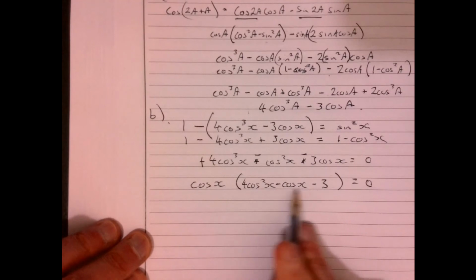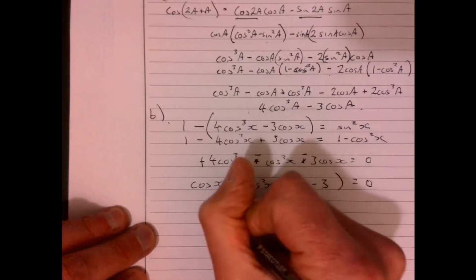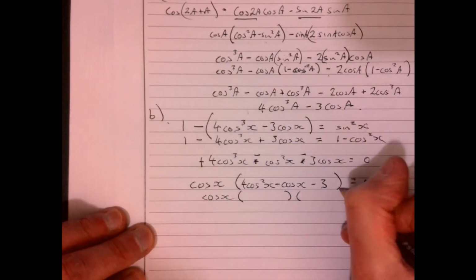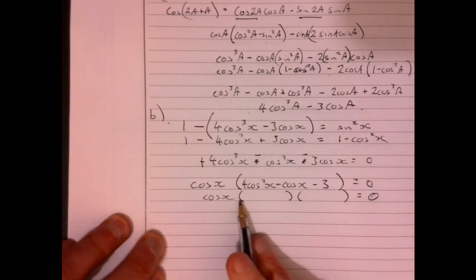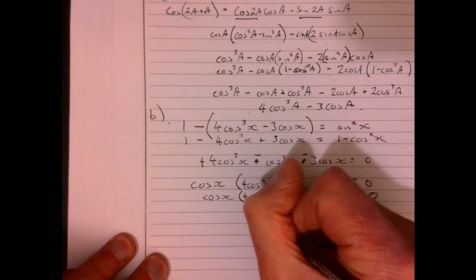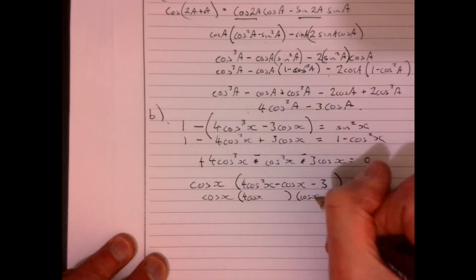You can factorise this. It's just a quadratic, isn't it? You might need to have a little play around with it. I initially thought it might be 2 cos x on both sides, but it's actually going to be 4 cos x, and the other one's going to be cos x.